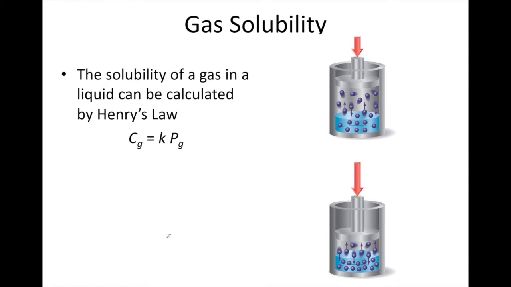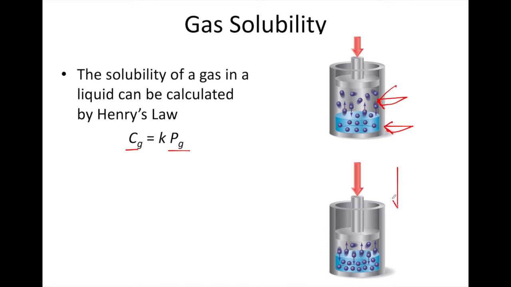We can calculate the solubility of a gas using Henry's law. Henry's law tells us that the solubility of a gas is proportional to the pressure. As we said before, if we have a gas in a sealed container, we have the partial pressure of the gas above the liquid, and then we have some gas dissolved in the liquid.